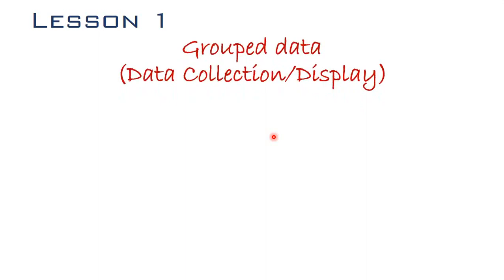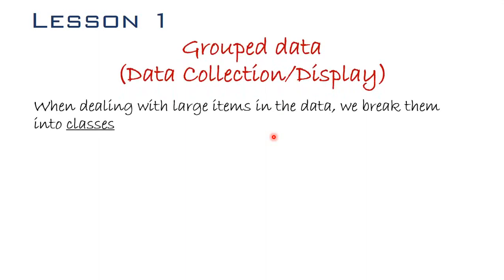Here we are going to look at grouped data, and we want to see the data collection. In this lesson, we're going to look at data collection and display. When dealing with large items in the data, we break them into classes. And the number of individual entries of the data falling into a class is the class frequency.